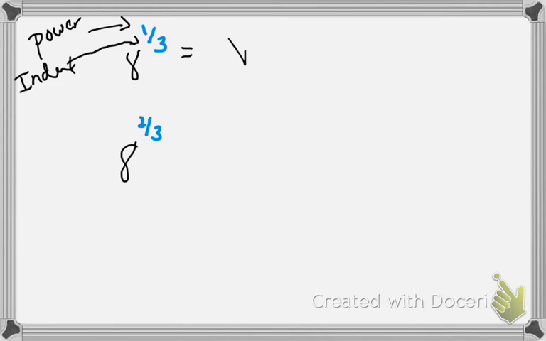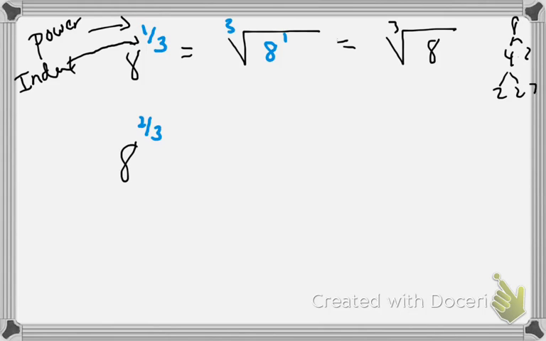It really looks like the cube root, that little 3 goes here, and the 8 to the first power is right there. And 8 to the first power is 8. And I have a cube root. And again, 8 is 4 times 2, 2, 2, 2. I have a group of 2, so my answer here would be 2.